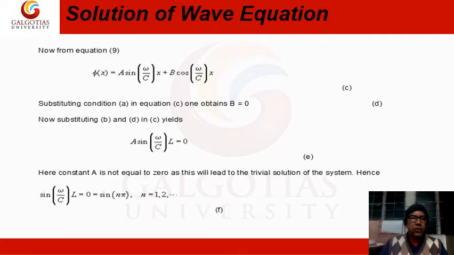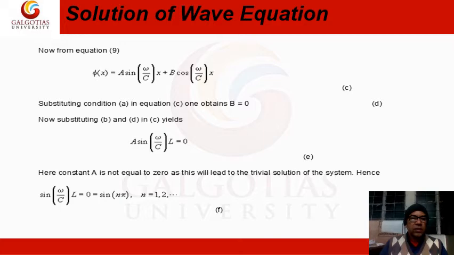From the previous equations, phi(x) is given as a sine omega by c x plus b cos omega by c x. Substituting the boundary conditions, we obtain b equal to 0. Now the constant a cannot be 0, as this would lead to the trivial solution of the system.